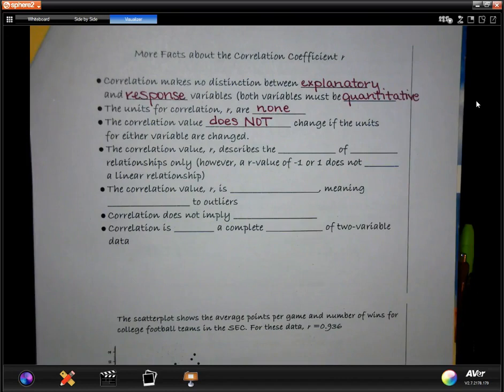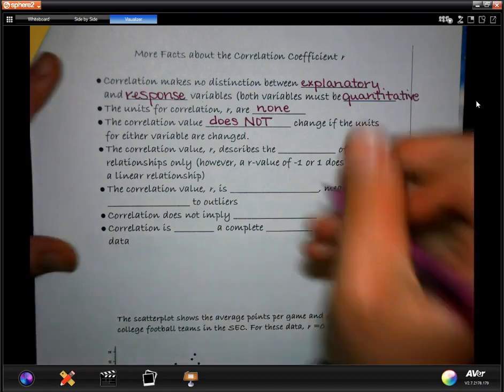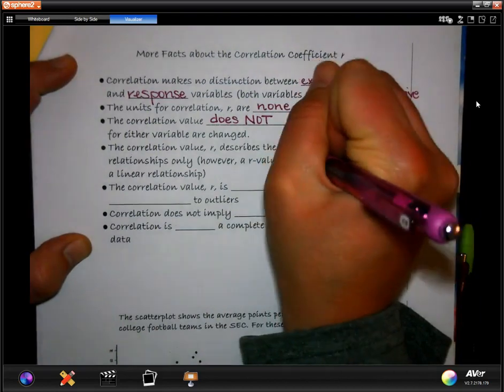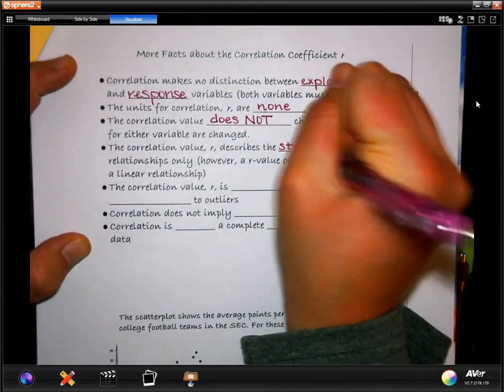Your R value will stay the same. Doesn't matter if you convert from inches to centimeters, centimeters to inches, the R value is going to stay the same.